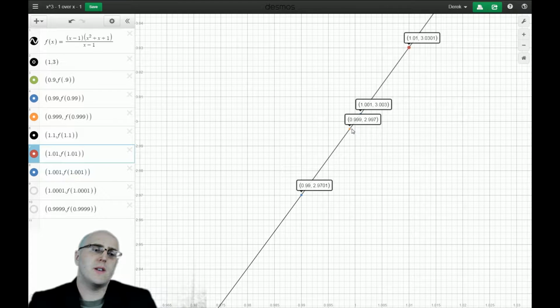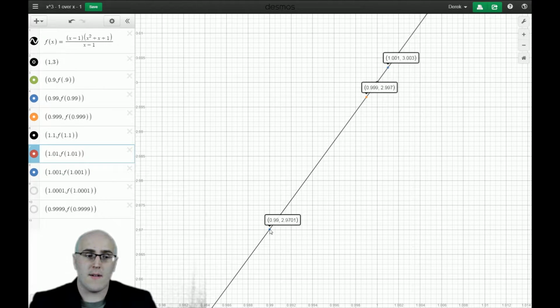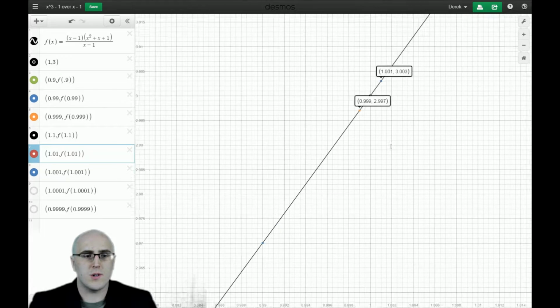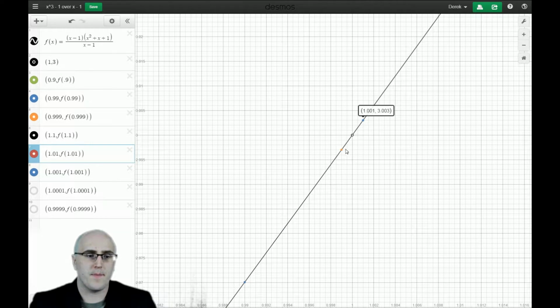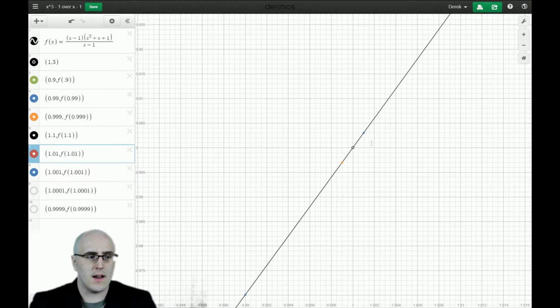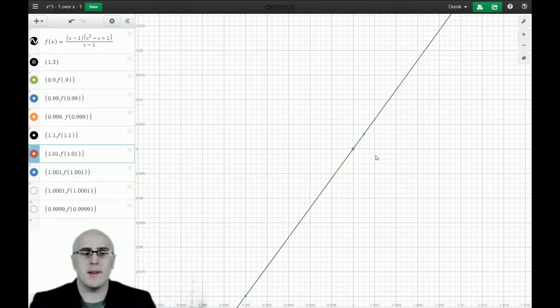And with every single one of those values, there's going to be a function value, f of that value, that is even closer to 3 than the previous one. This is the fundamental concept behind a limit: we have values that are approaching a certain value, even if that value doesn't necessarily exist in the function, like it's undefined. Everything is pointing towards it.